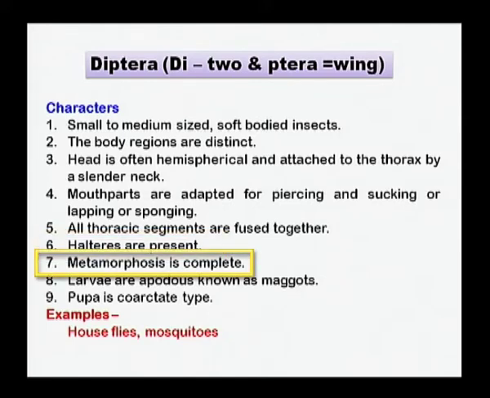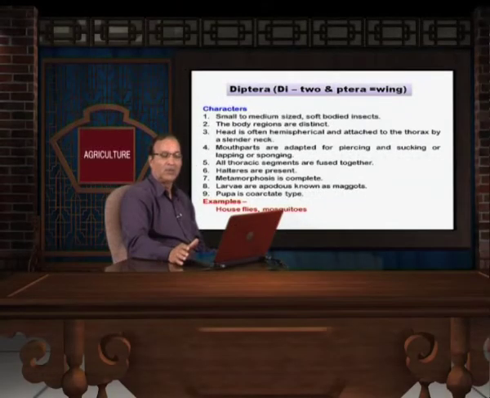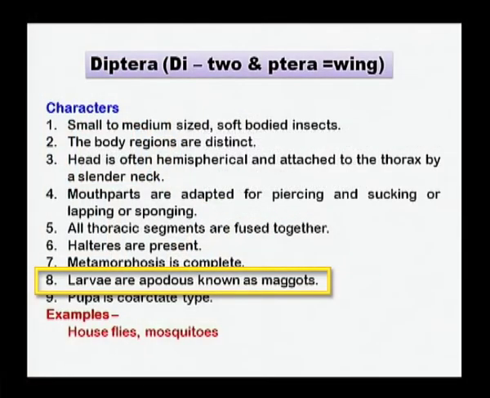Metamorphosis is complete. It means all the four stages of the life cycle are common, starting from egg to the adult. The adult stage is always preceded by a pupal stage. As far as the larva is concerned, it is apodous and commonly known as maggots.